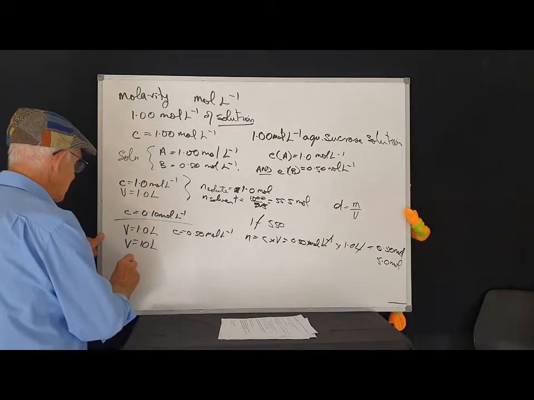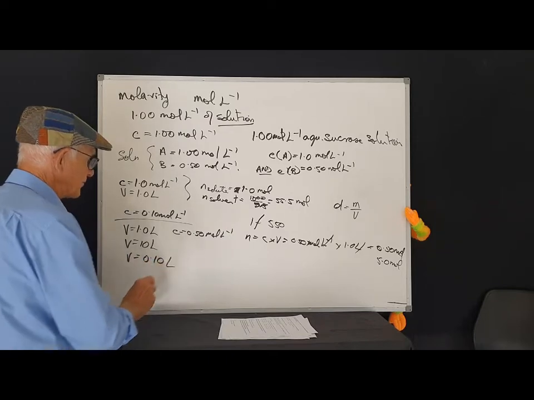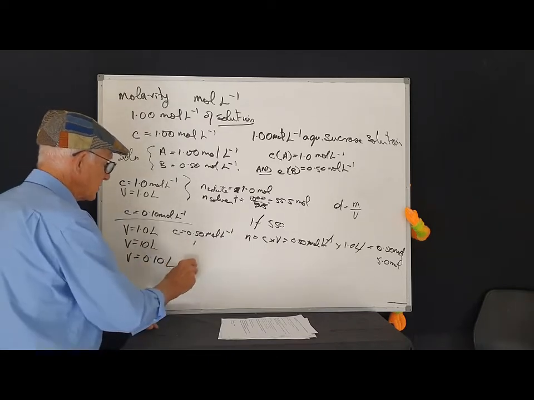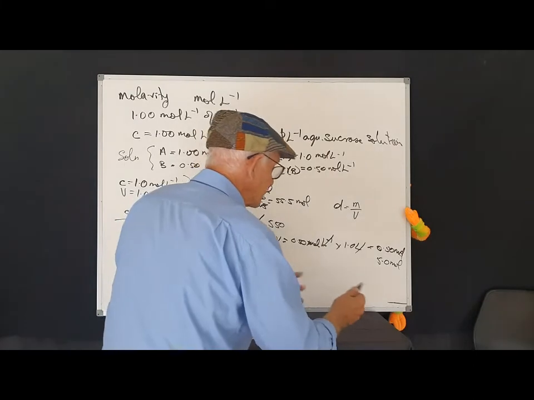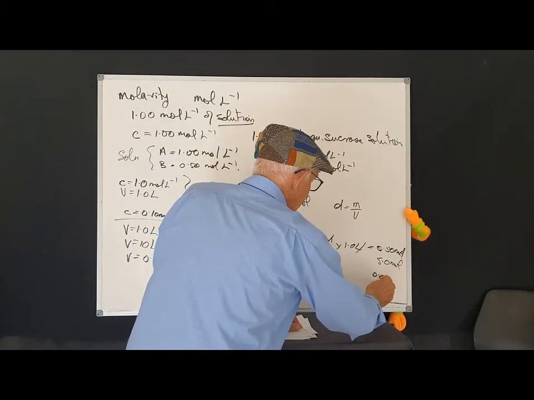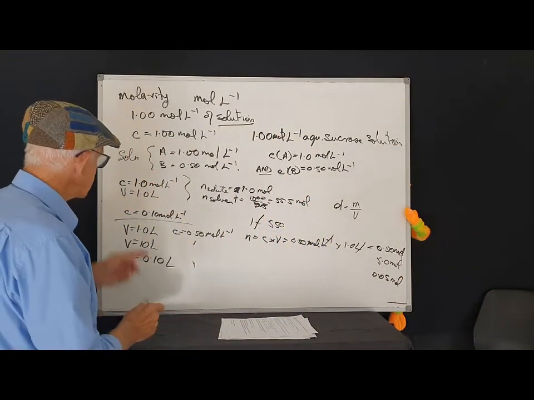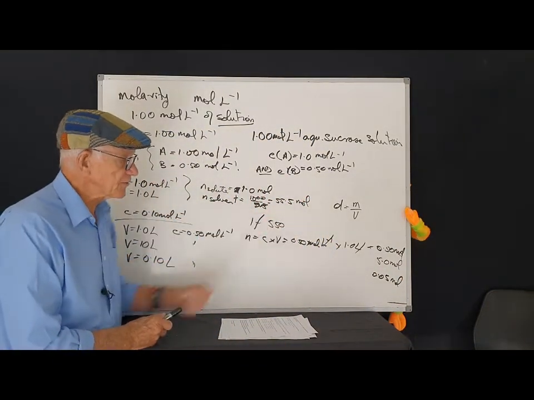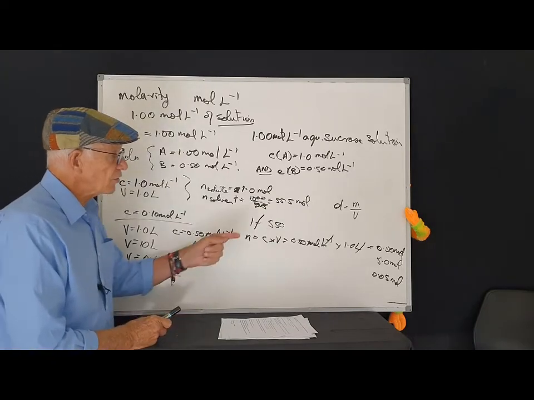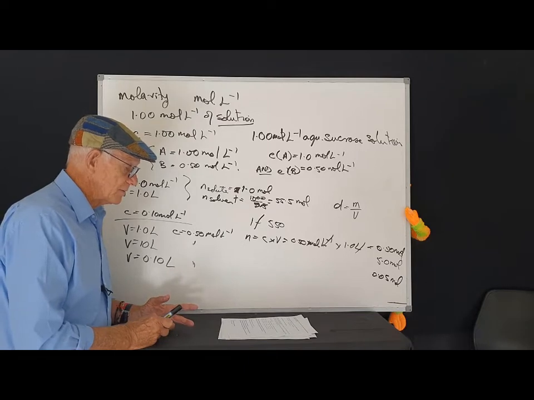And if I had 0.1 of a litre, I'd have the same concentration if dissolved in that were 1/10 of that, 0.05 of a mole. 10 times the volume, 10 times as much solute to have the same concentration. Okay?